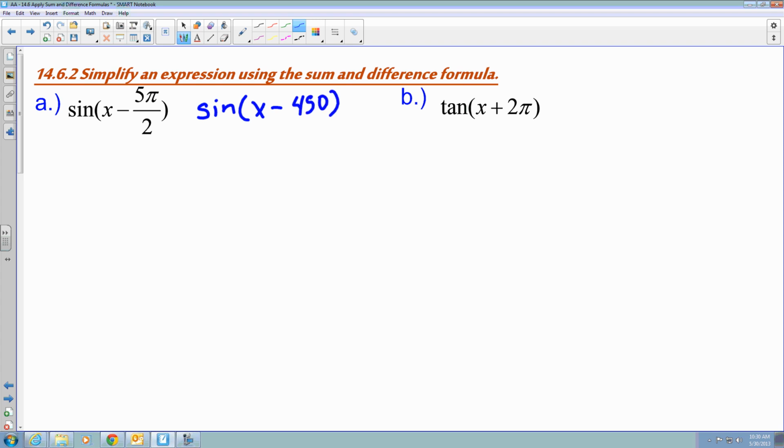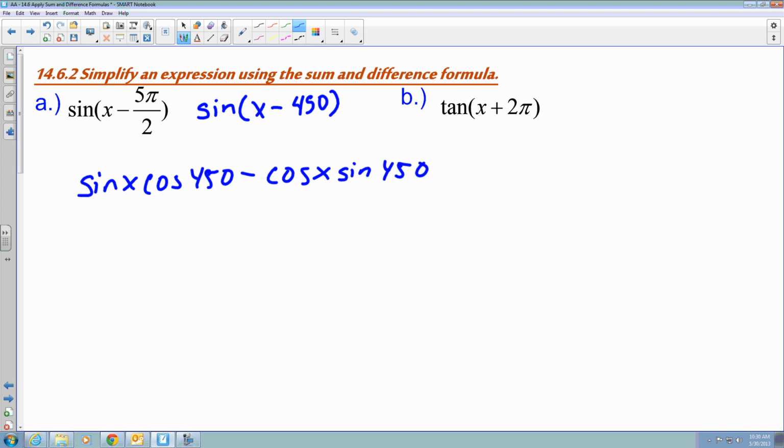So I can use the formula to help me out. So I can go sine of x times the cosine of 450 minus cosine of x times the sine of 450.